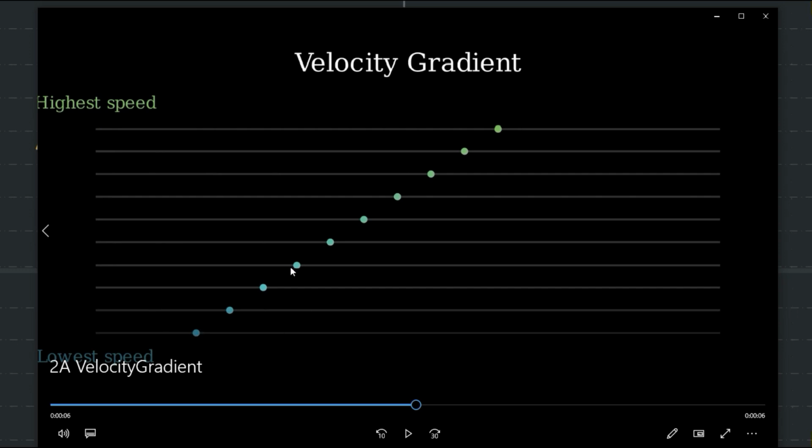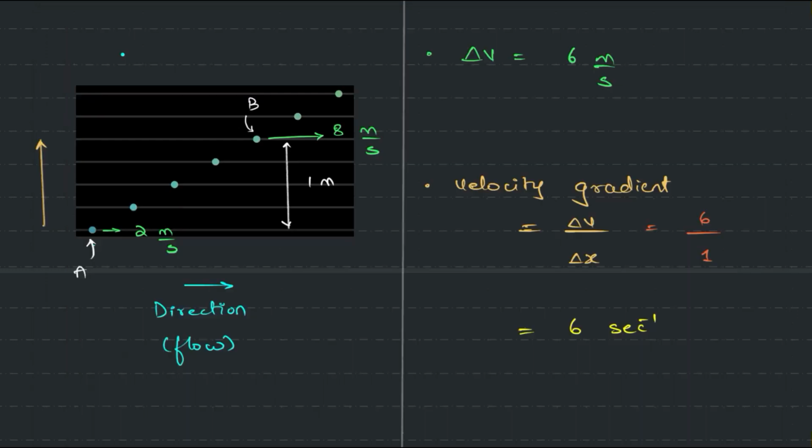There's a gradient, there's a slope, and as a result what we're looking at is a velocity gradient of 6 per second. So every second a particle which is 1 meter above or below has a difference of 6 units. I hope you guys understood that.